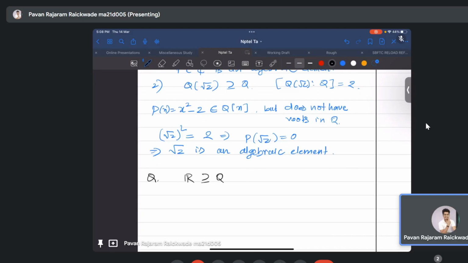That also is the question: you try to prove that the reals are not a finite extension of Q. I mean, the reals as a vector space considered over the field Q is infinite dimensional, basically. That's what it means.